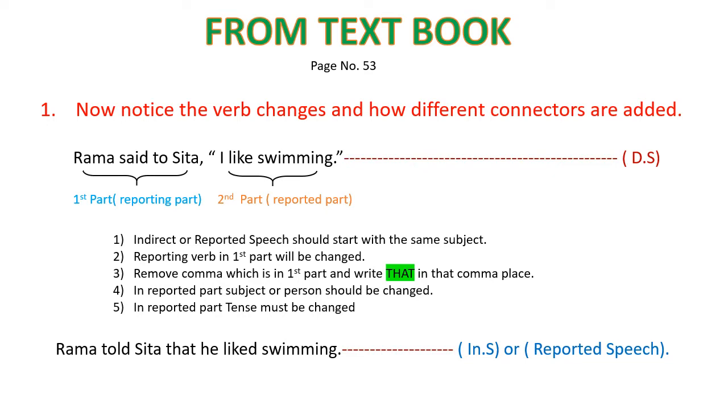This is direct speech. In this direct speech, you can observe two parts. The first part is called the reporting part: Rama said to Sita. The second part is called the reported part: I like swimming.